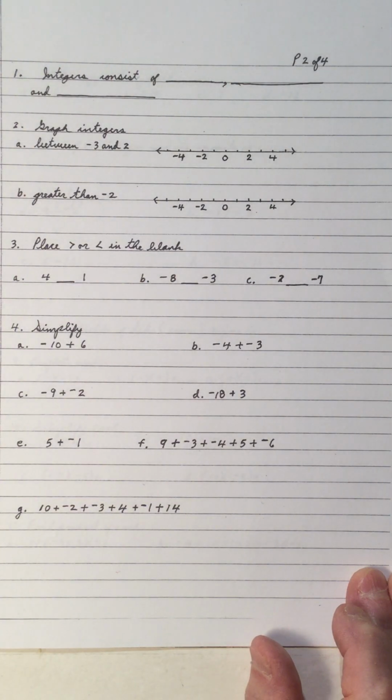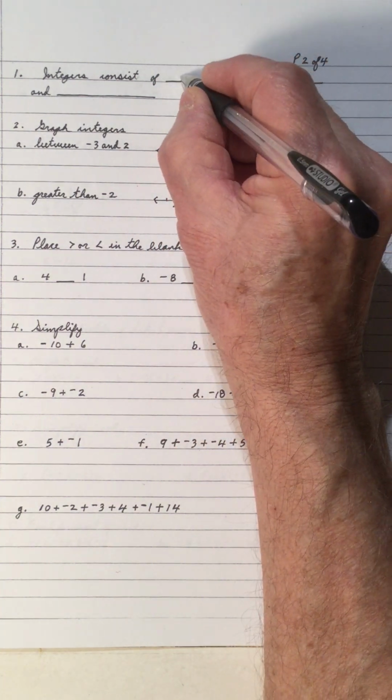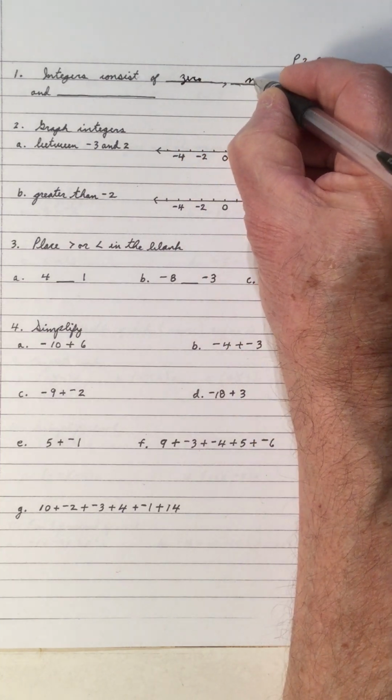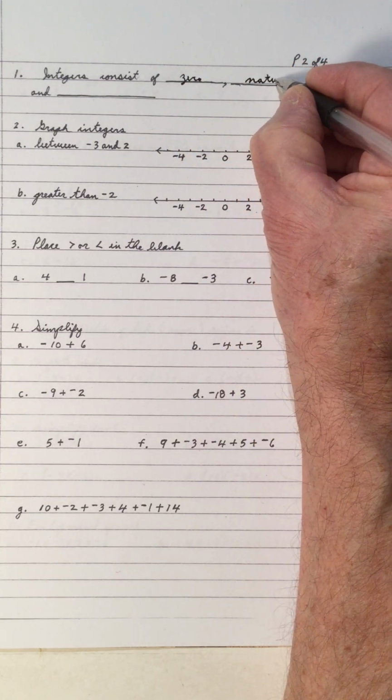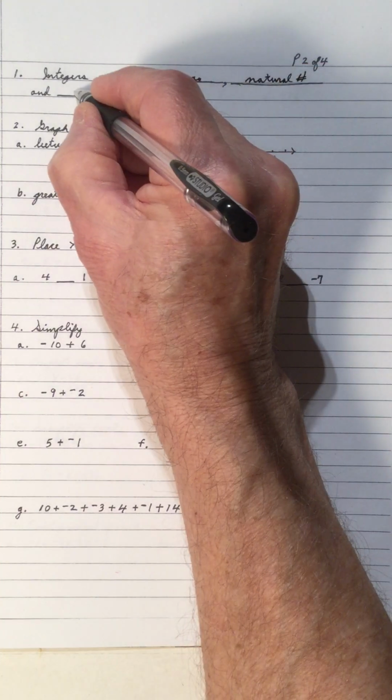This is a review of the unit that I did on integers, and this is practice 1. Integers consist of 0, the natural numbers, and their opposites.